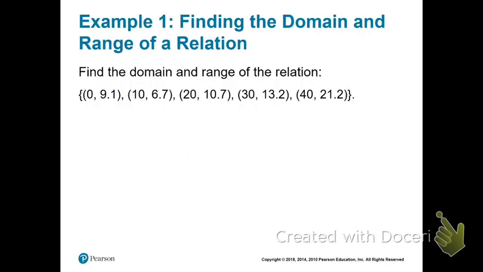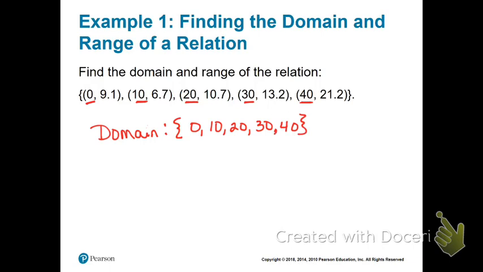All right, so for example 1, it says find the domain and range of this relation. So for our domain, we're going to list out all of those x values. So our domain is a set of numbers that includes 0, 10, 20, 30, and 40. For our range, remember the range is a set of the y's.